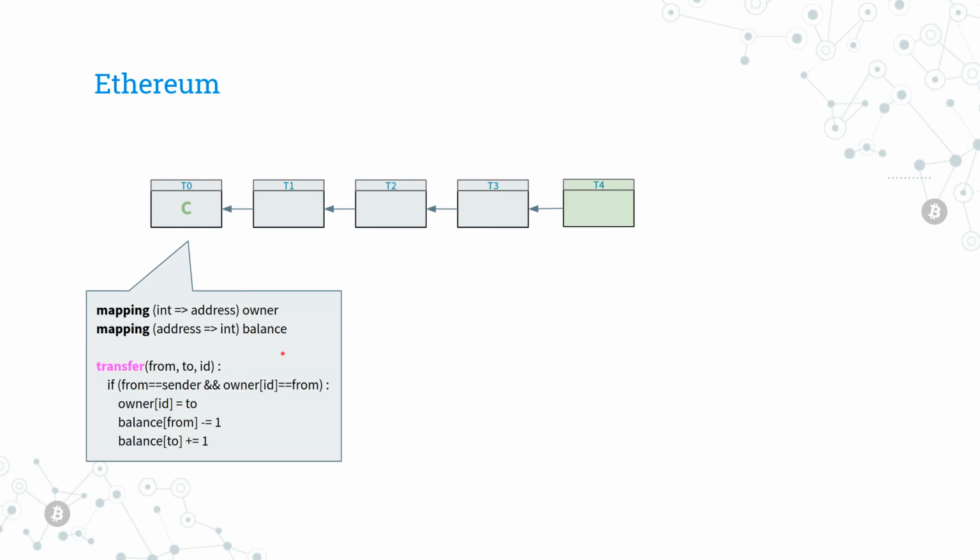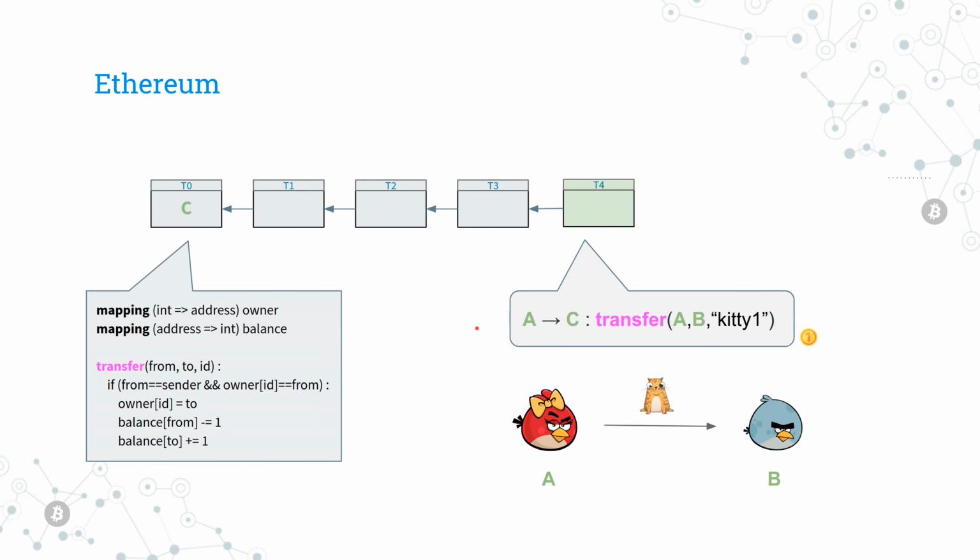The contract has a procedure to transfer a token from a user to another one. Here we allow the transfer to happen if the sender of the transaction is the owner of the token, and if it coincides with the from parameter. Other transactions, like T4 here, allow users to invoke contracts.